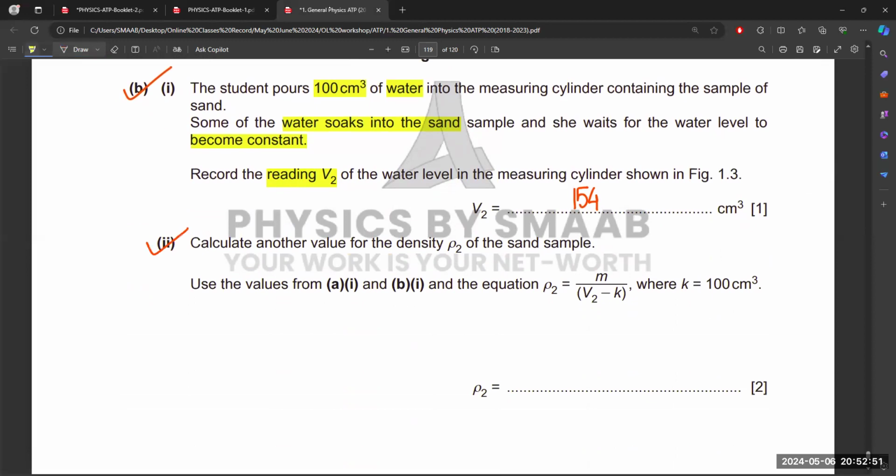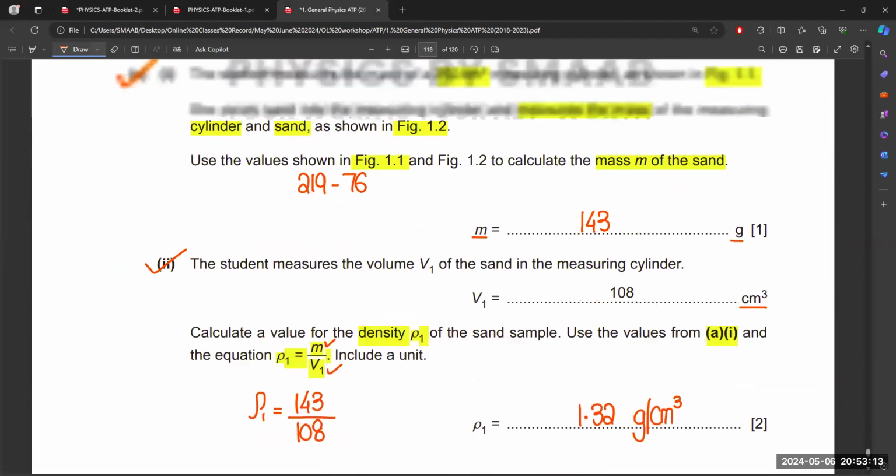Now in the next part, calculate another value for density 2 of the sand sample. Now they also mention the reference for which values you have to use, A1, B1, and this is the equation. And the value of K is also given. So we calculated in A1, A1 is, I think, mass.